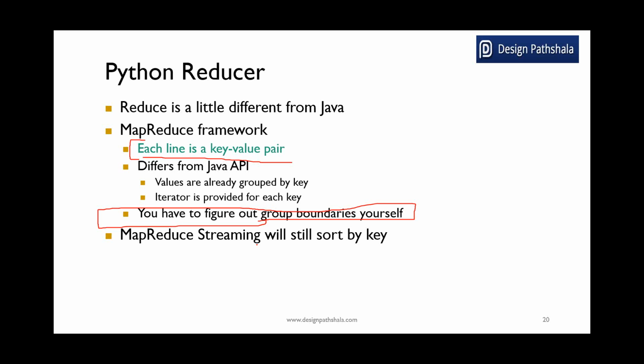So let's try out one example of streaming that will give you a little idea of how this is working. And then we have the Oozie and the Tableau part which is left.